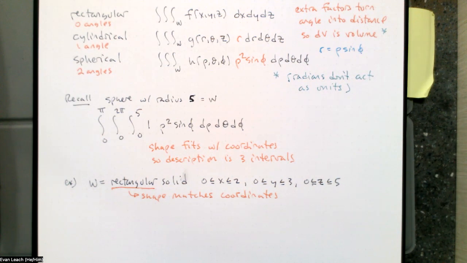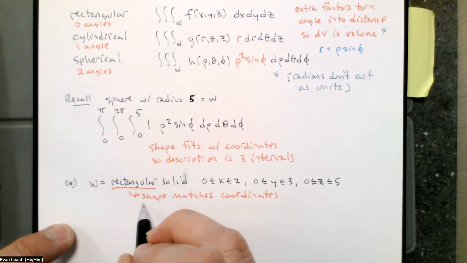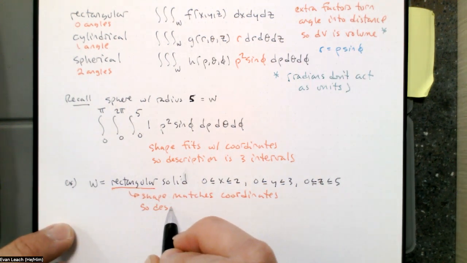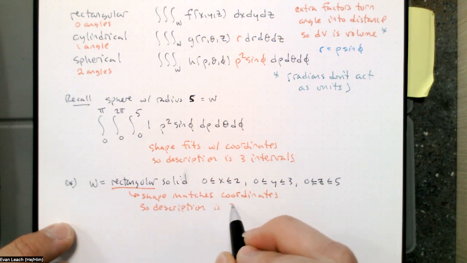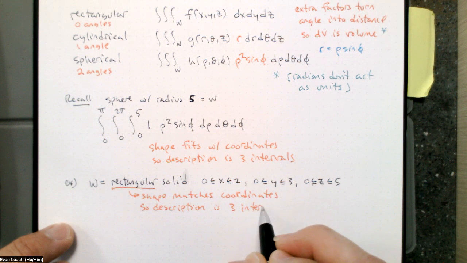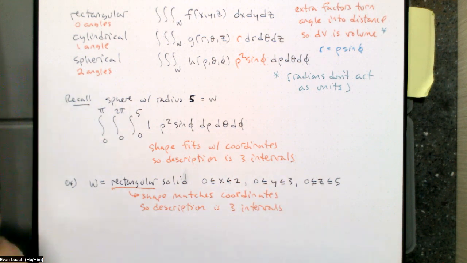The shape matches the coordinates, and so our description is 3 intervals. When your shape matches the coordinates, your description is just going to be a bunch of intervals.